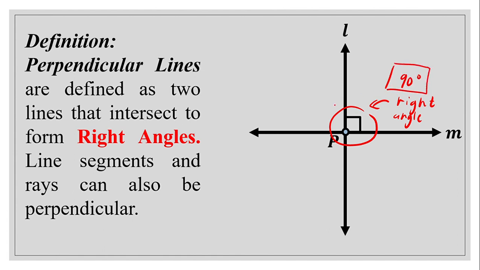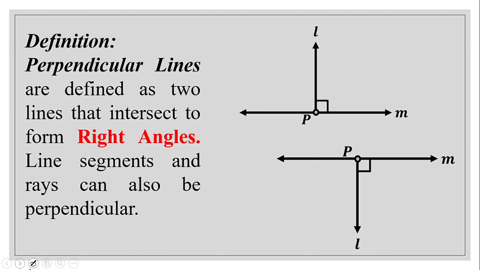So it follows the remaining angles are also 90 degrees. This one is also 90. This one is also 90. This also is 90 degrees. From the definition, it is not only lines. Rays and segments can also form a perpendicular line.